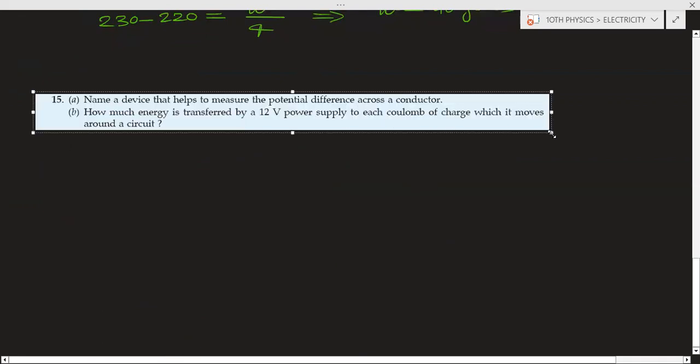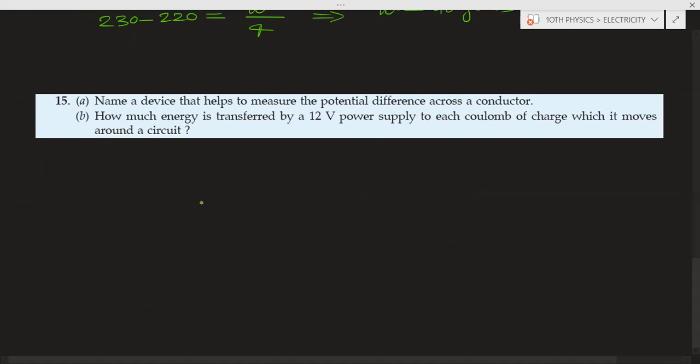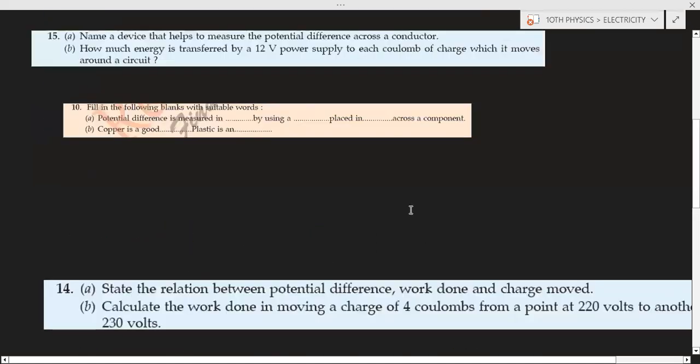So in this question, in the first part, A part, they are saying name a device that helps to measure the potential difference across a conductor. So we know that potential difference is measured by the voltmeter. I told you, potential difference is measured by the voltmeter.